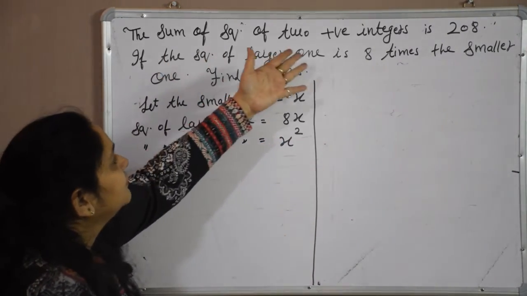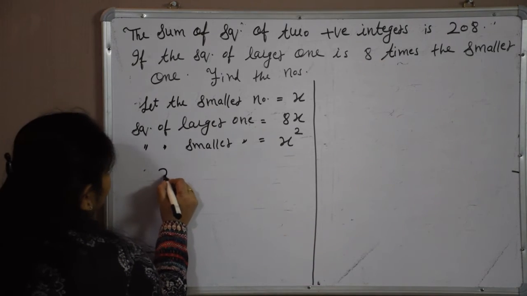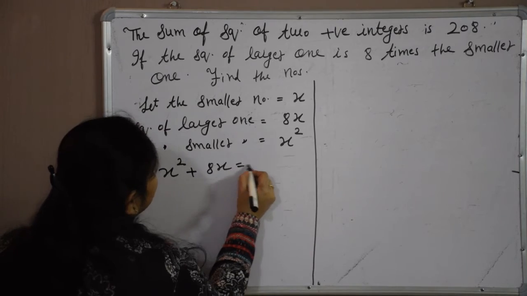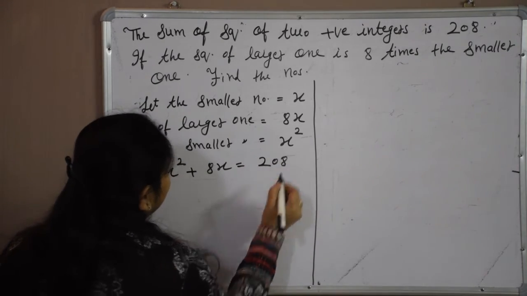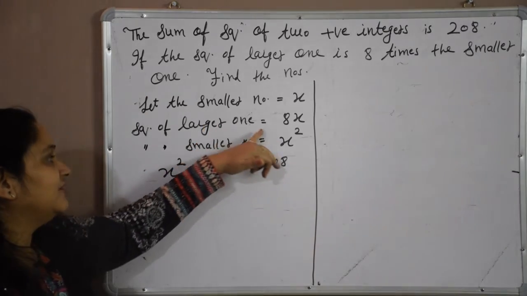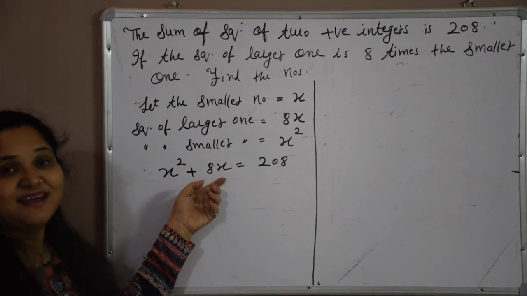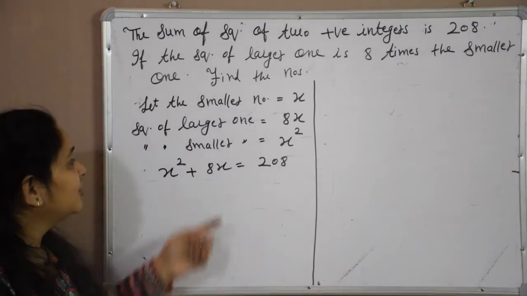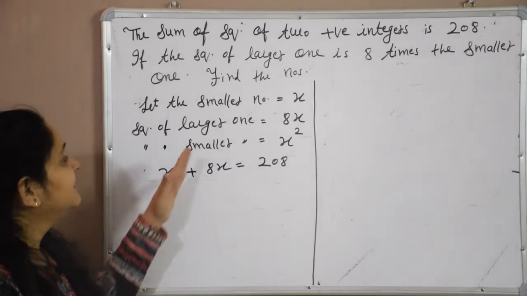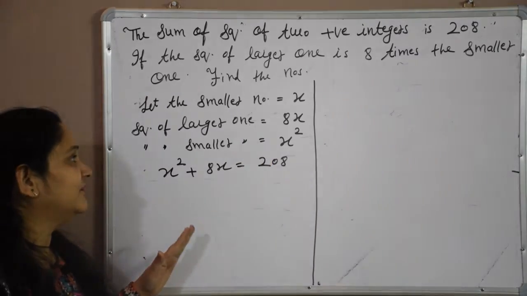And the sum of squares of the two positive integers, square of smaller number plus square of larger number, equals 208. Square of smaller, square of larger, 8x. It is not looking like in the form of a square because it is the condition, and the condition is like this, that it is 8 times the smaller one.